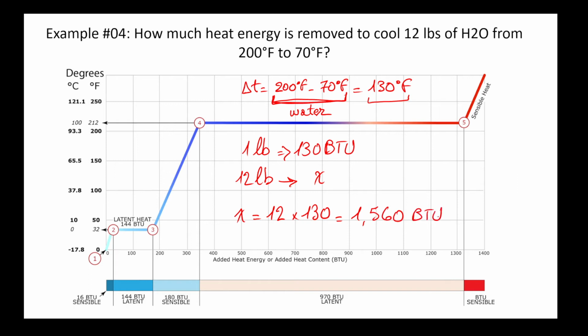We don't say adding heat is positive 1,560 and removing heat is negative 1,560. That's not how we represent the amount of heat. We just say 1,560 BTUs. Ultimately, the question is how much heat is being moved either into the material or out of the material. So let's have a look at the next one.